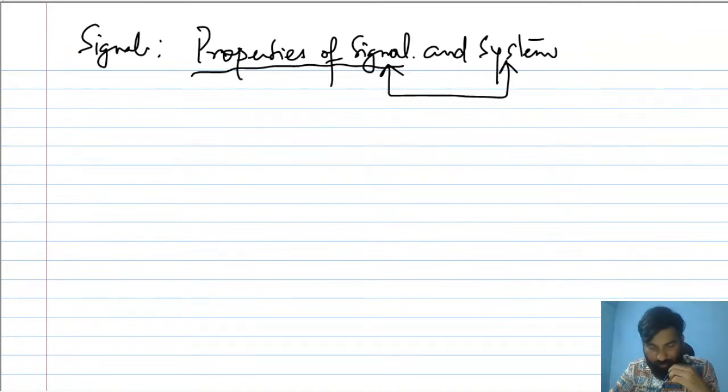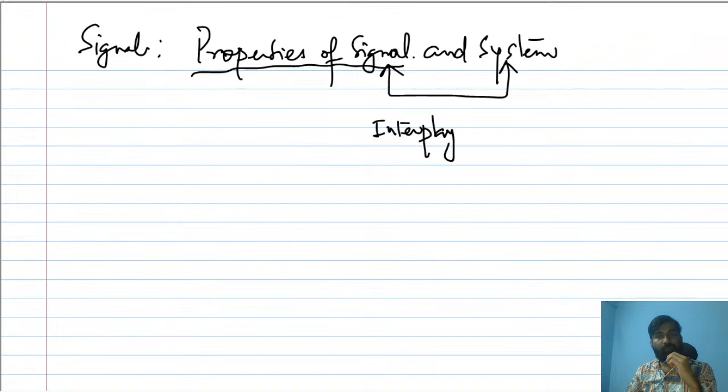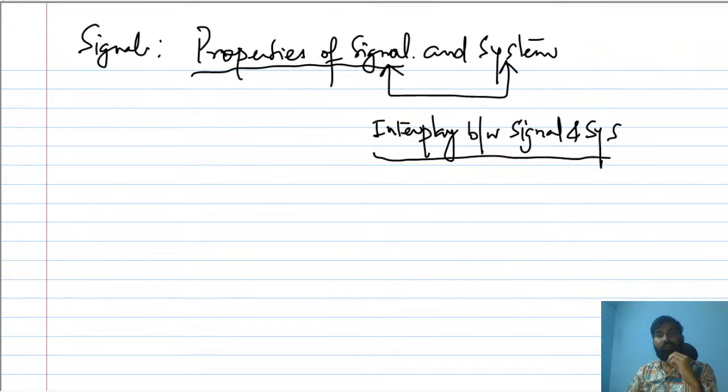That is very important. The interplay between signal and system. It is very, very important that you are able to understand how they talk.